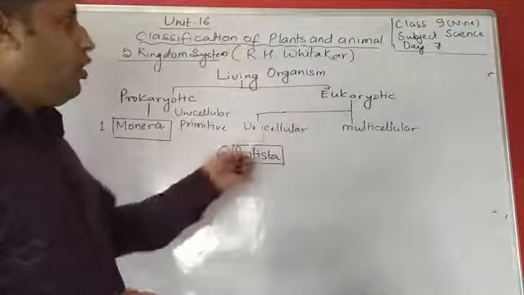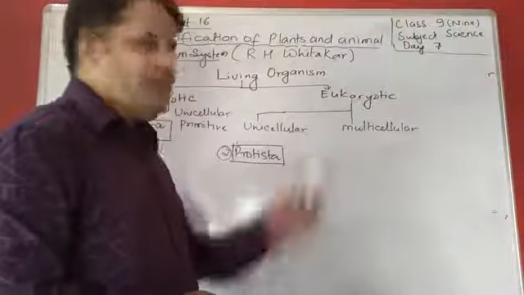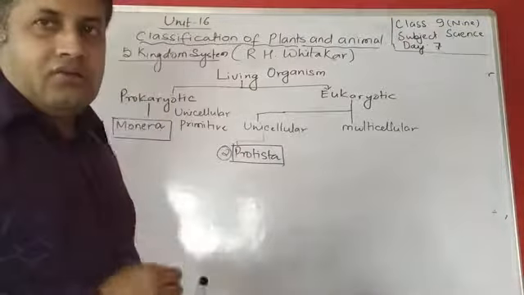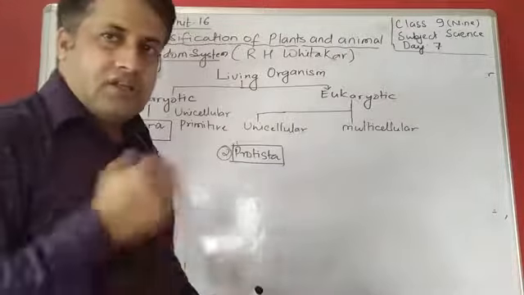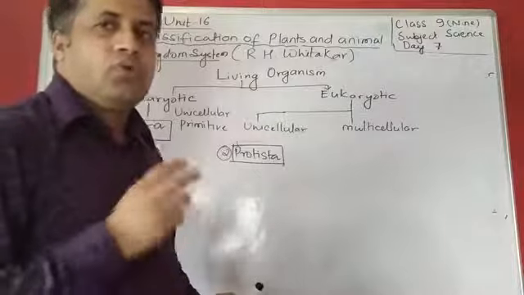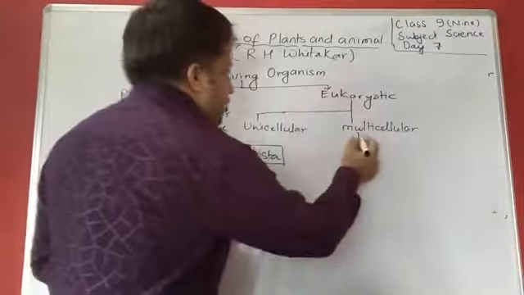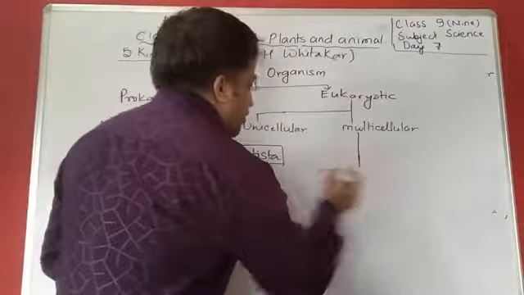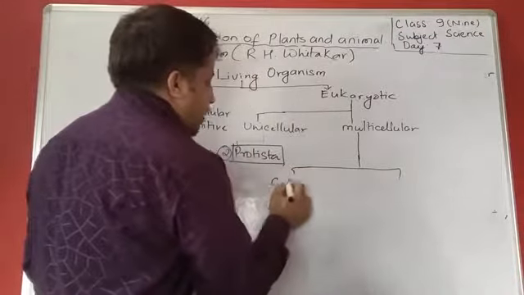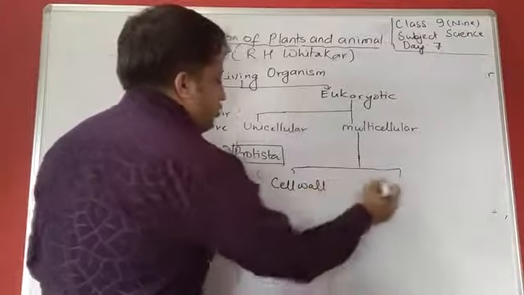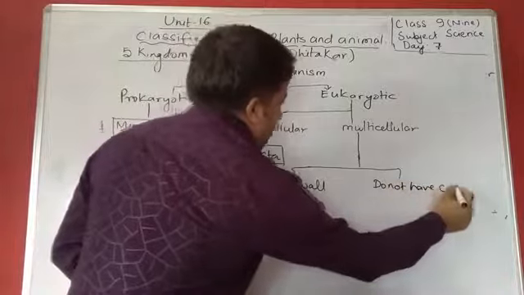So those organisms which have the characteristics such as eukaryotic type of cells and unicellular are placed in protista. And the organisms having eukaryotic type of cell and multicellular are further divided on the basis of whether they have a cell wall or they do not possess a cell wall. Okay, so multicellular organisms are also classified by whether they have a cell wall or do not have a cell wall.